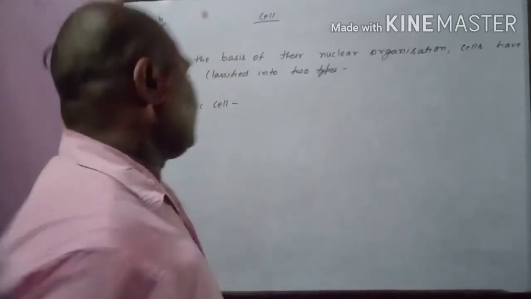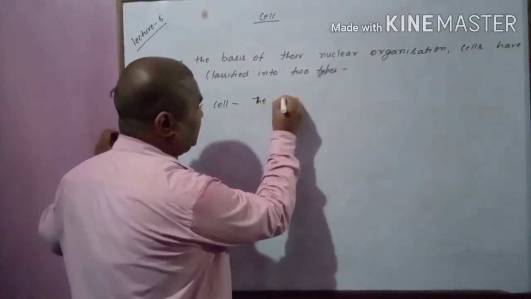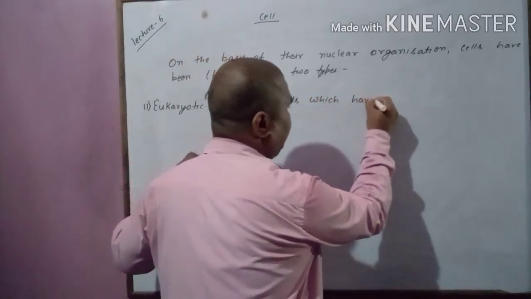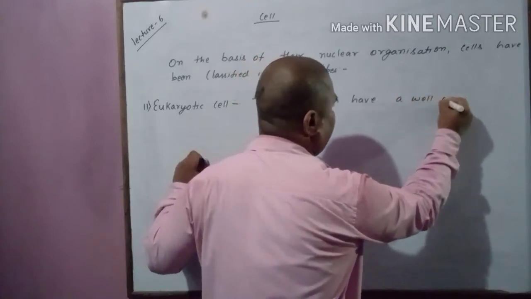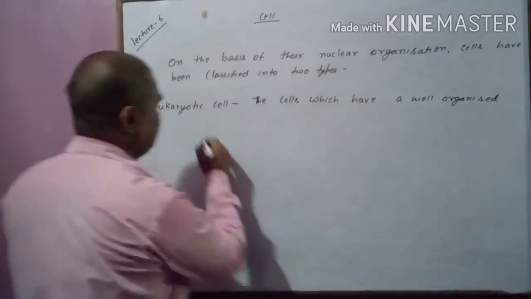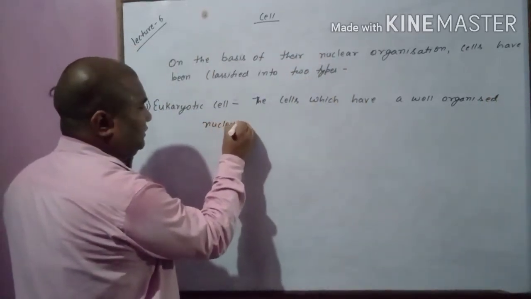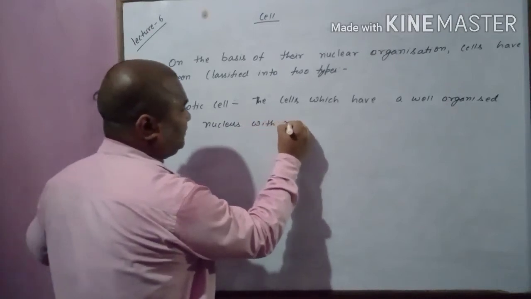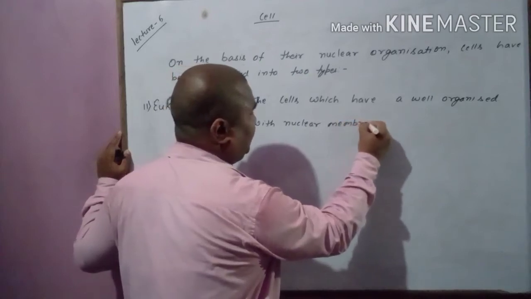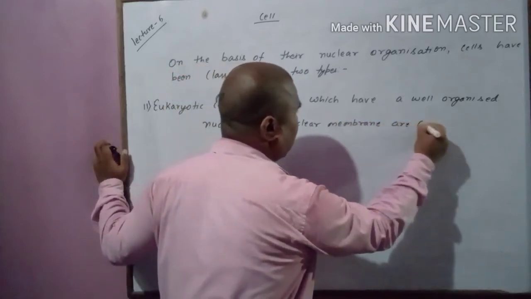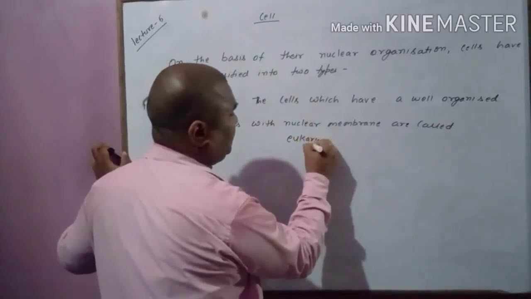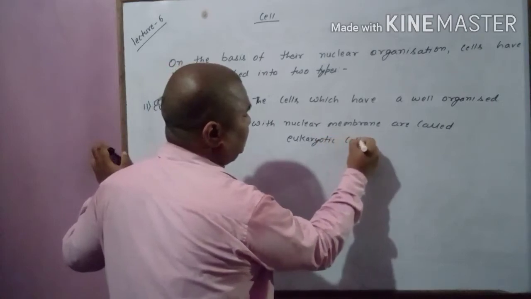Okay, eukaryotic cells: the cells which have a well organized nucleus with nuclear membrane are called eukaryotic cells.